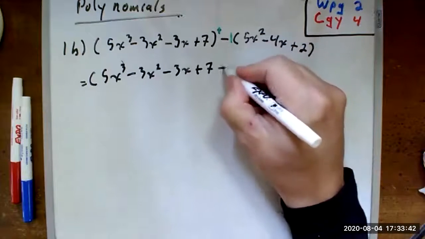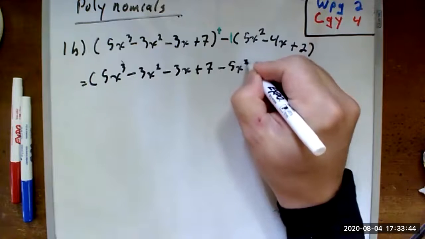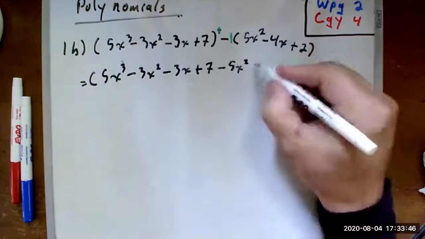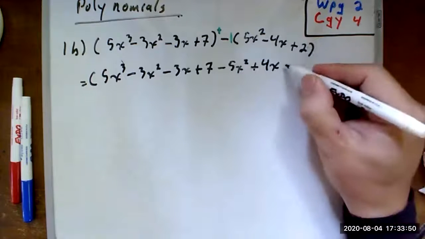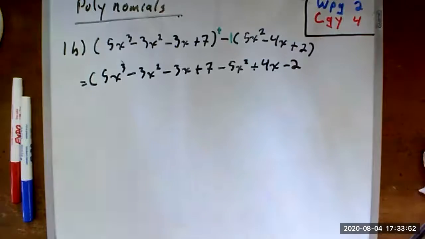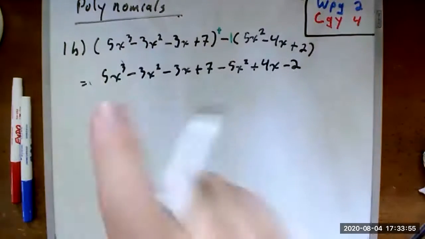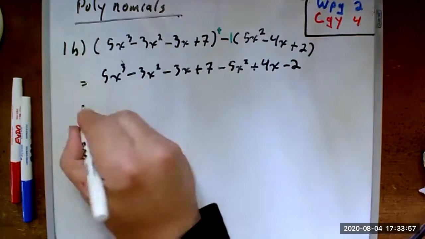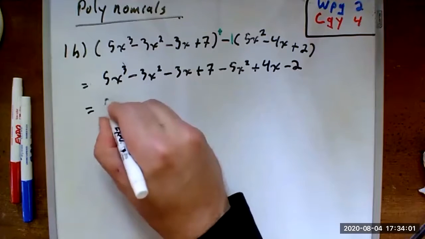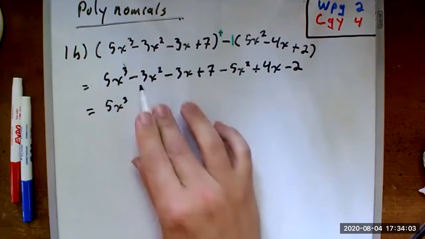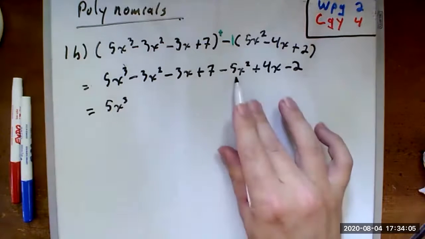So then we end up with 5x cubed minus 3x squared minus 3x plus 7. Negative 1 times 5x squared is minus 5x squared. Negative 1 times negative 4x becomes positive 4x. Negative 1 times positive 2 becomes negative 2. And I don't need the bracket out front anymore.